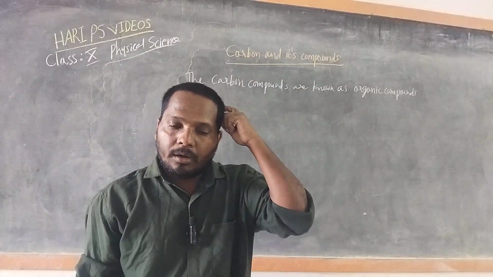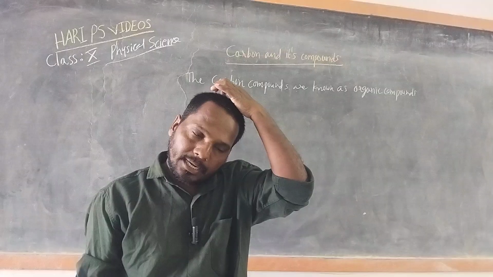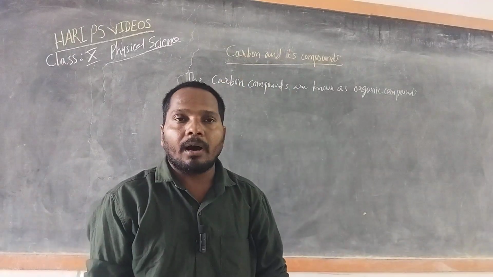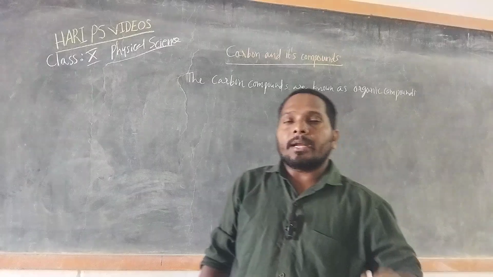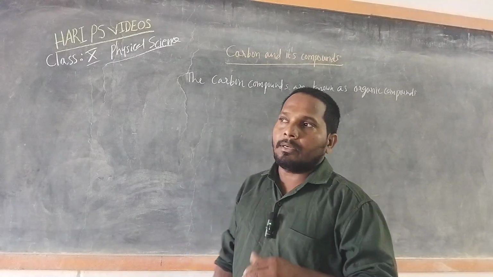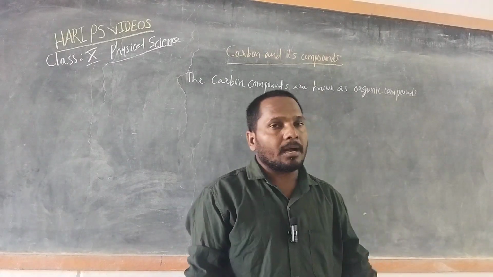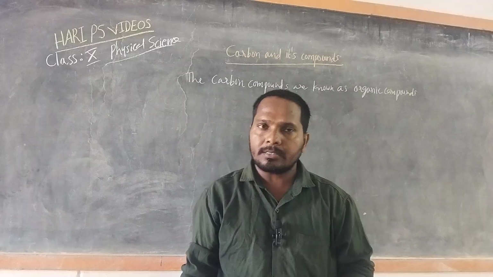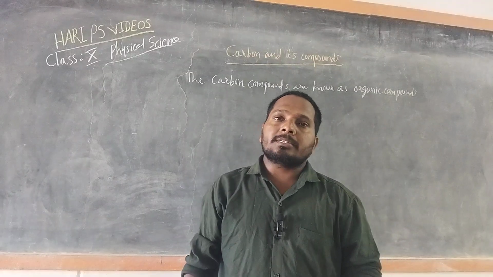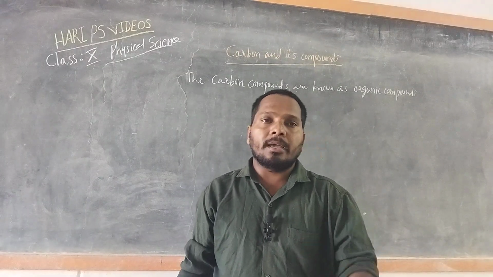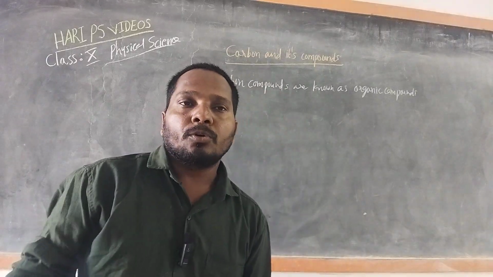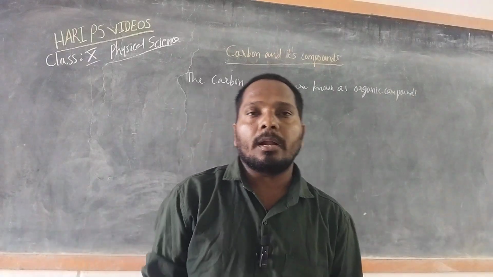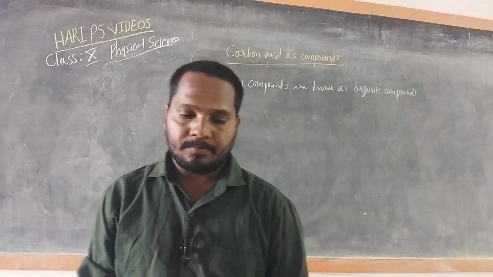As we discussed earlier, carbon forms covalent compounds because, to get stability, carbon does not lose 4 electrons or gain 4 electrons. To get stability, it shares electrons with the atoms of other elements. Such compounds are called covalent compounds.